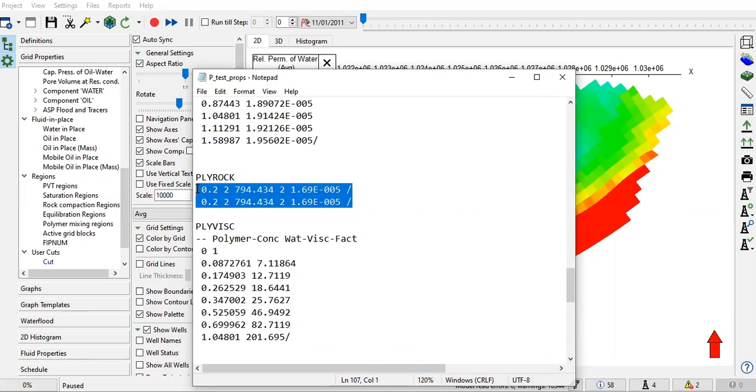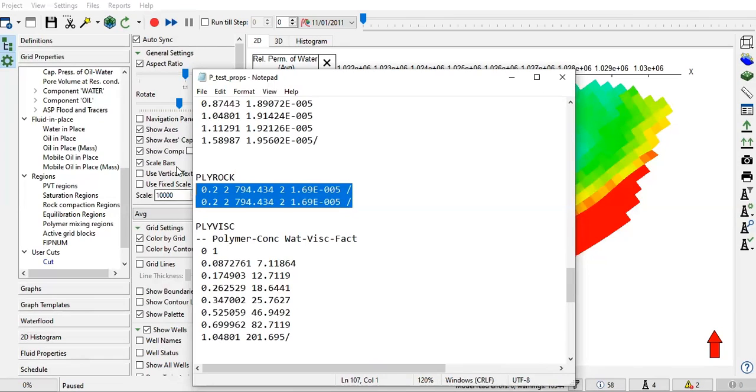The 2 regions will be meaningful when we have surfactant later on. But because here we only have polymer, it will be nothing. And even in this polymer and this keyword PLYROCK, you can see the same exact value.